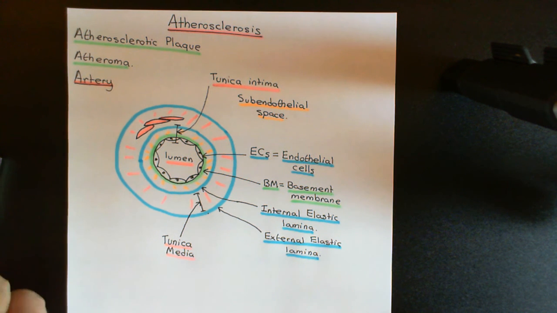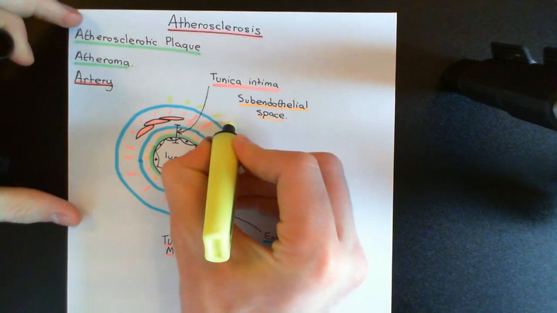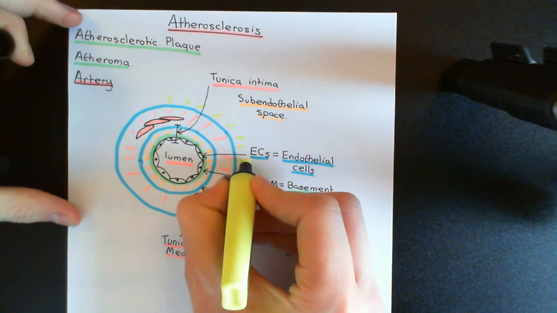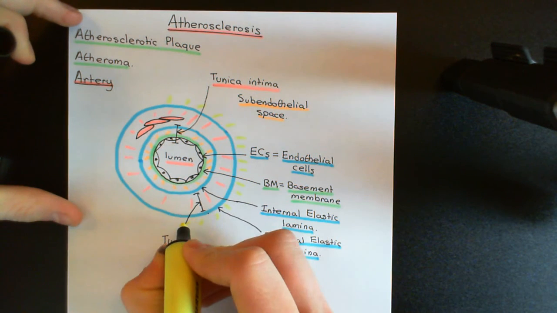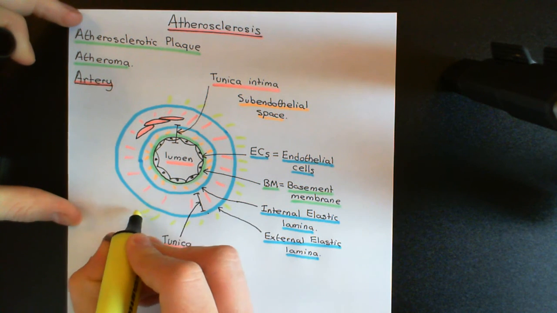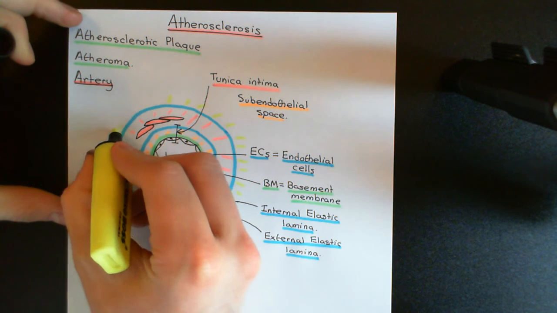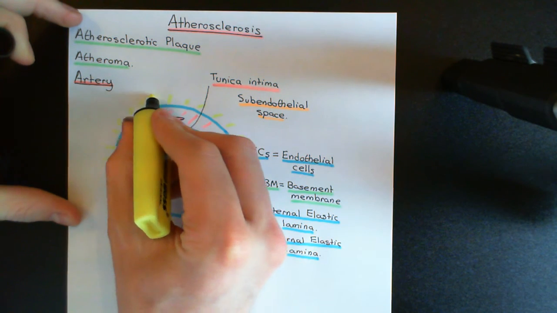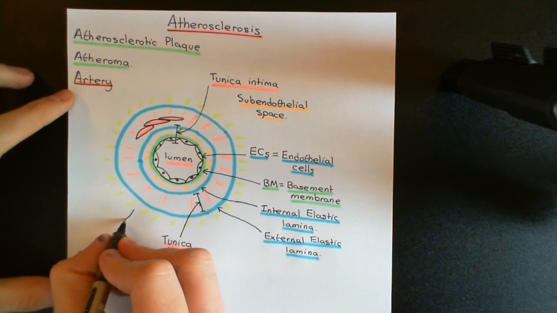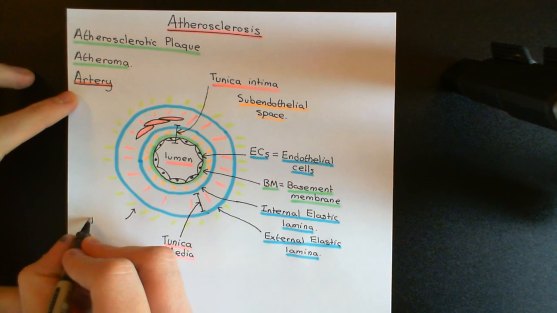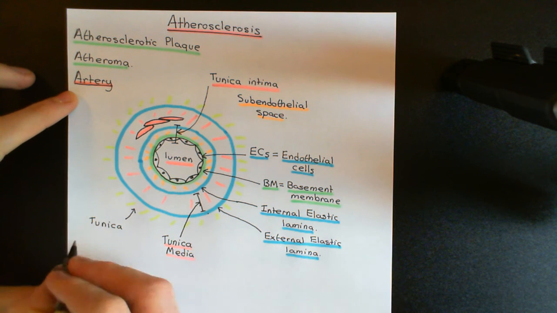I'll show this in yellow here. This layer is known as the tunica adventitia, and this is connective tissue, mainly collagenous, and it will connect the artery to the surrounding structures. This final layer is known as tunica adventitia, or it's also called tunica externa.